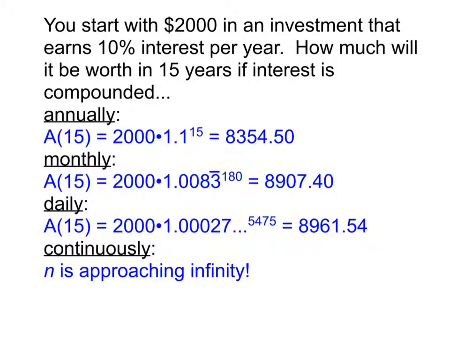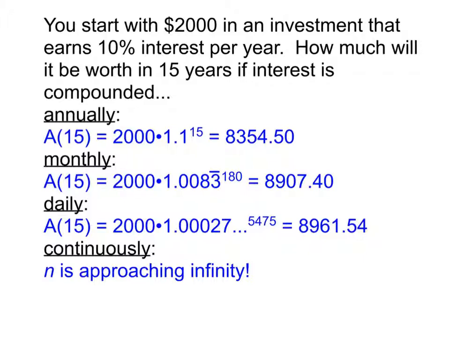Going from monthly to daily, it increased by, I don't know, like $50. So I would think that if I went down again, I'm not going to increase by hundreds of thousands. I would expect to increase by a smaller amount. It's still increasing, but the differences are less and less as that n value gets insanely huge.